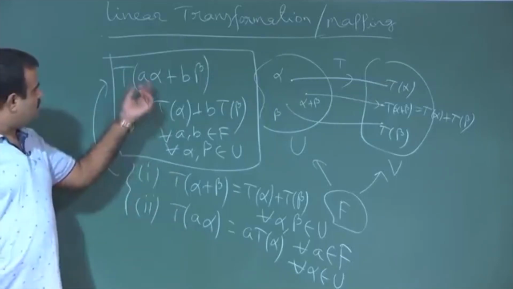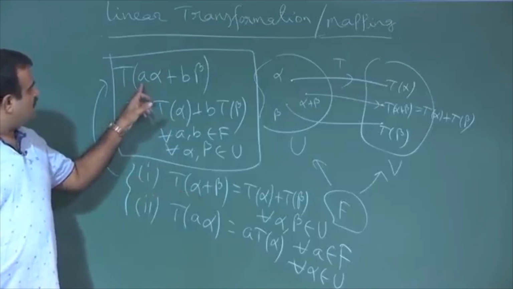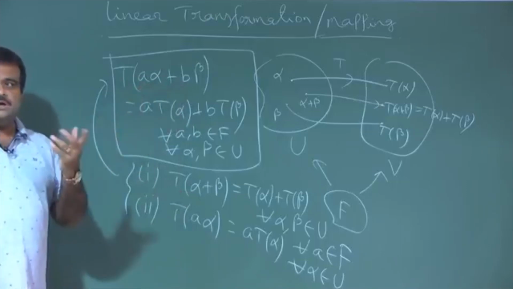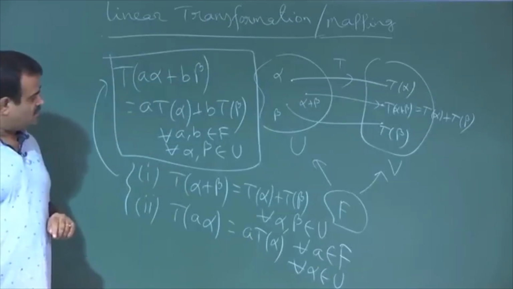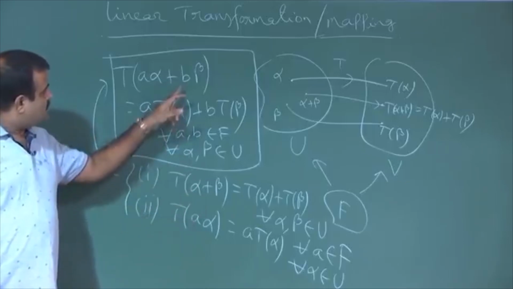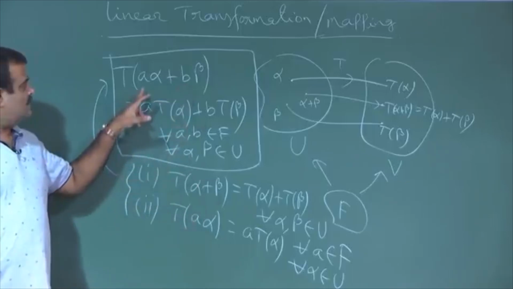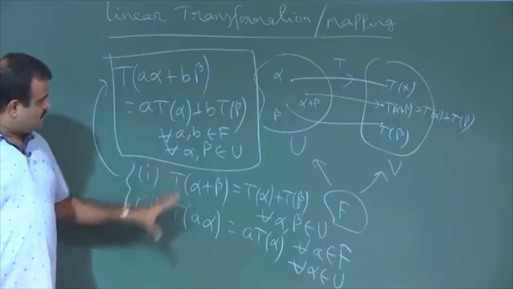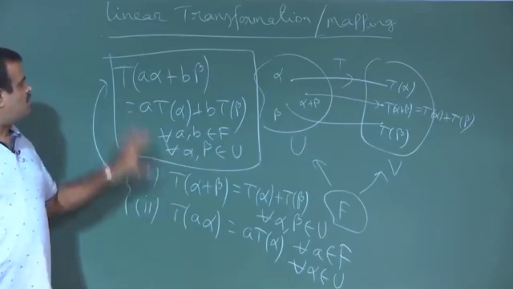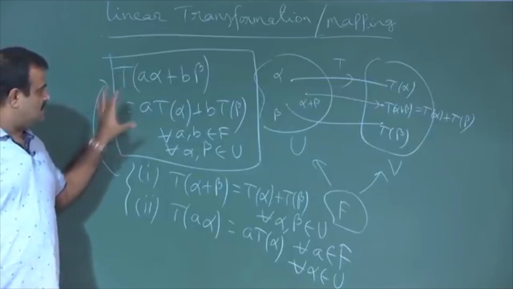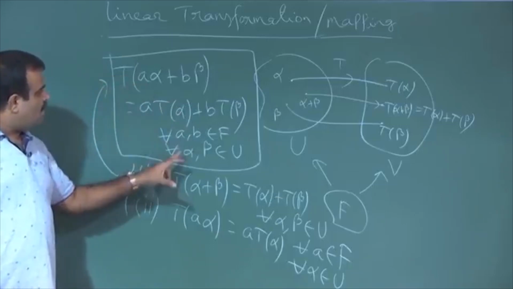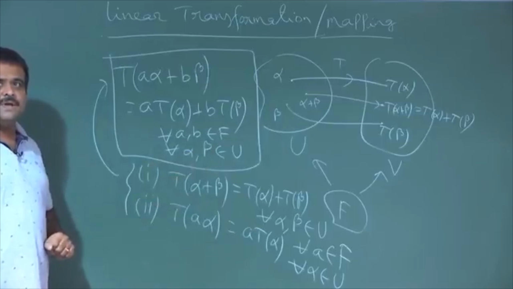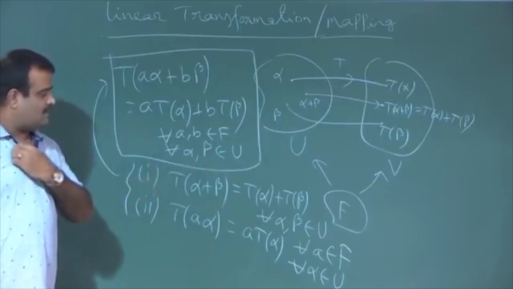For the first condition we take A and B to be the identity element from the field, and for the second condition we take B to be 0 with A there.